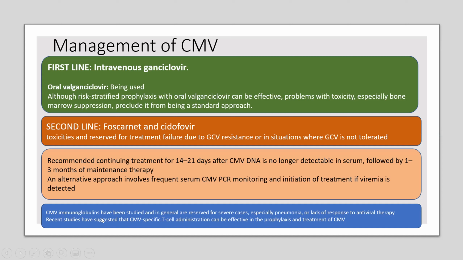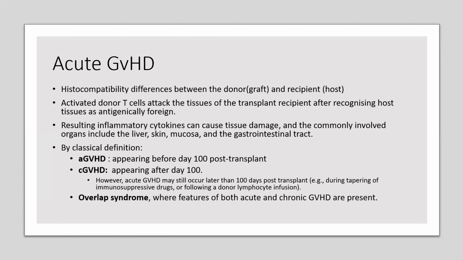Other things that could be used are CMV immunoglobulins, and usually these are reserved for severe cases, especially where there's pneumonia or a lack of response to antiviral therapy. And some recent studies have suggested that CMV-specific T-cell administration can be effective.